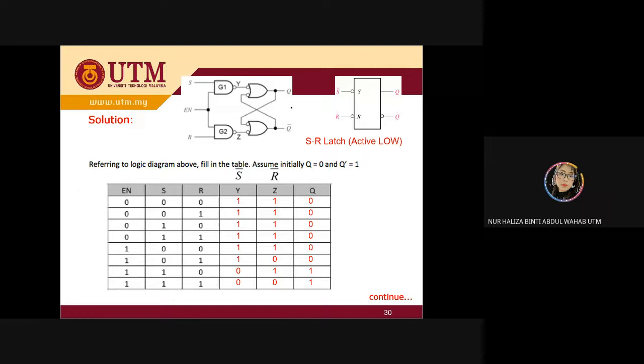Supposedly, this one, you're going to have invalid output because it is a 0, 0. But in terms of filling the answers, maybe you can follow basically what is happening for your input using your combination circuit.